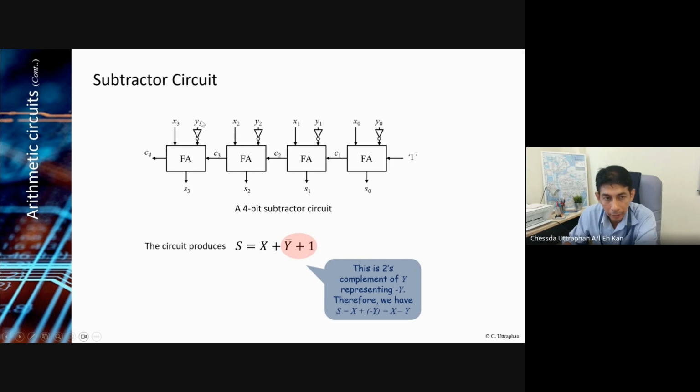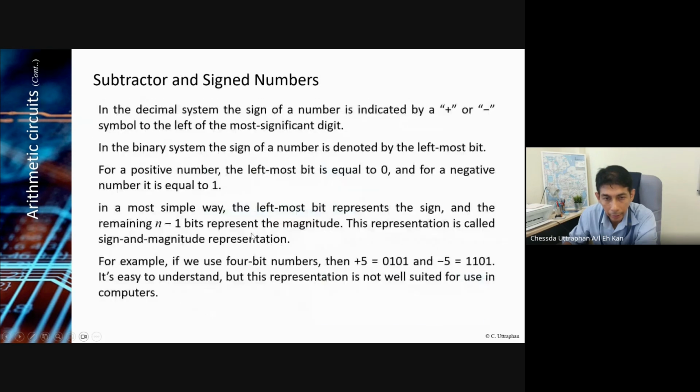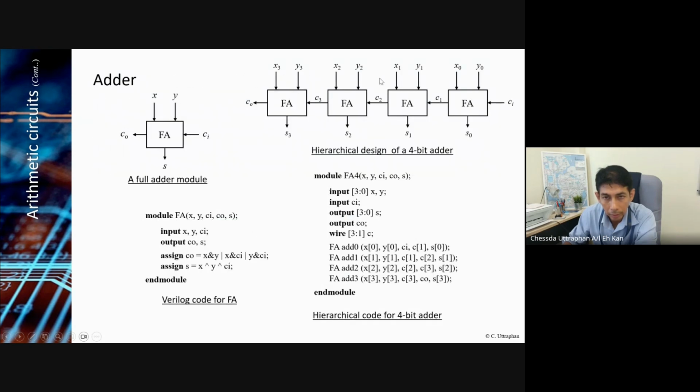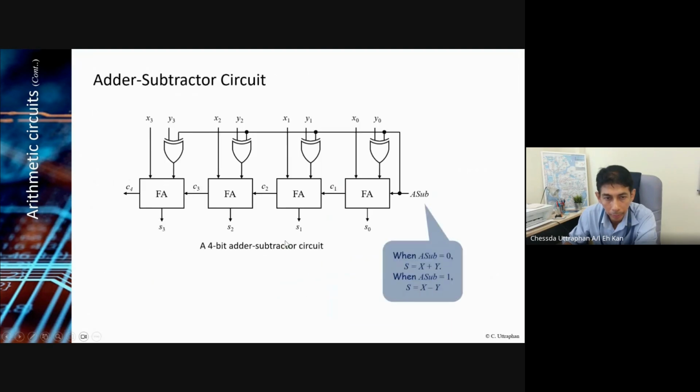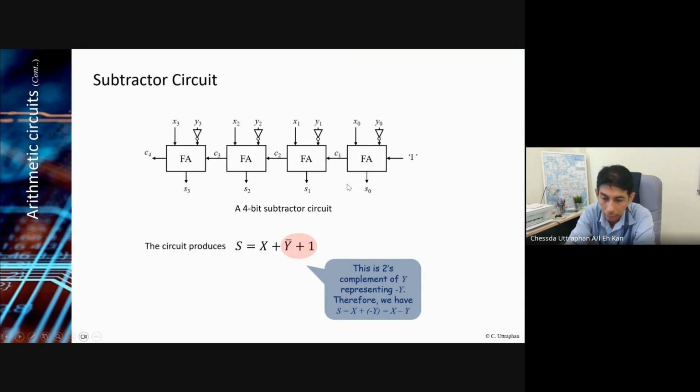If you don't have this inverter and we change this to 0, this circuit is actually an adder. And if we put this inverter here, and change this to 1, we have the subtractor, right?